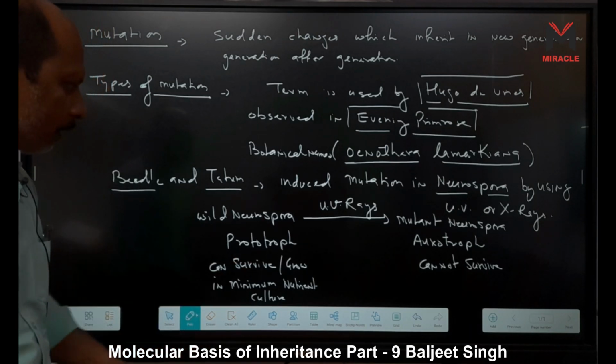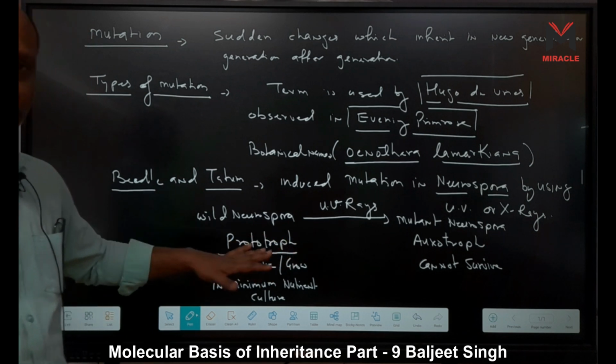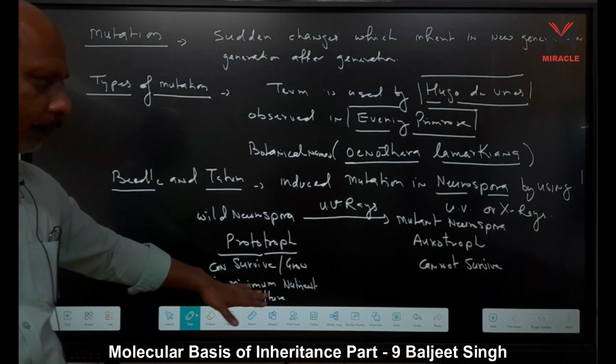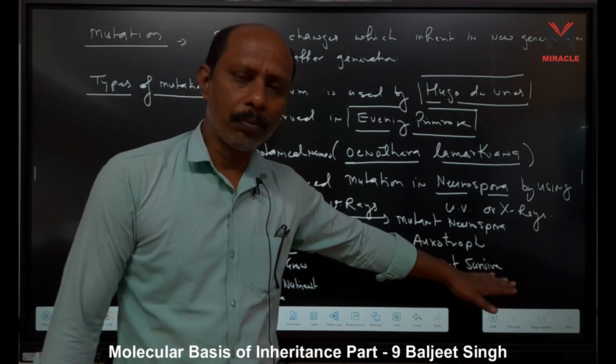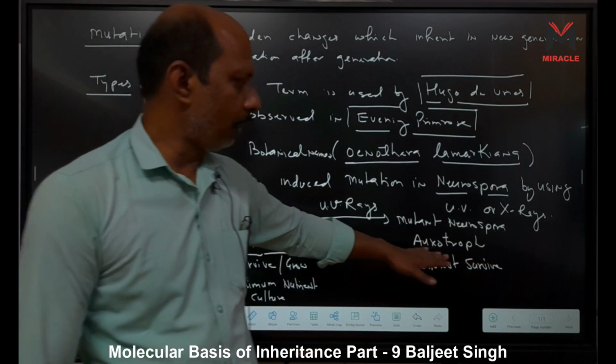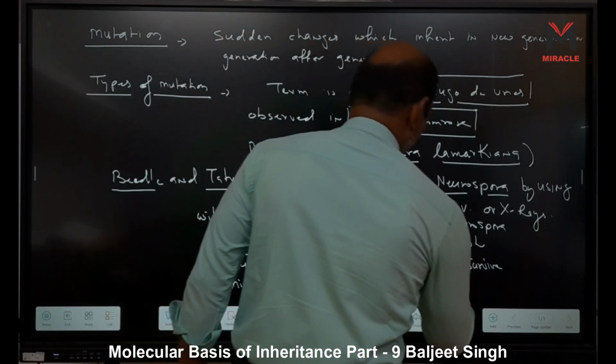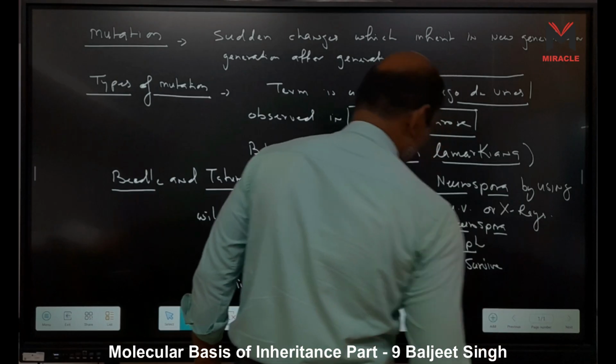The prototroph can form all types of nutrients inside the body, so it can survive, but the mutant cannot, due to the deletion of some DNA. That is why mutant Neurospora cannot survive. It is called auxotroph.